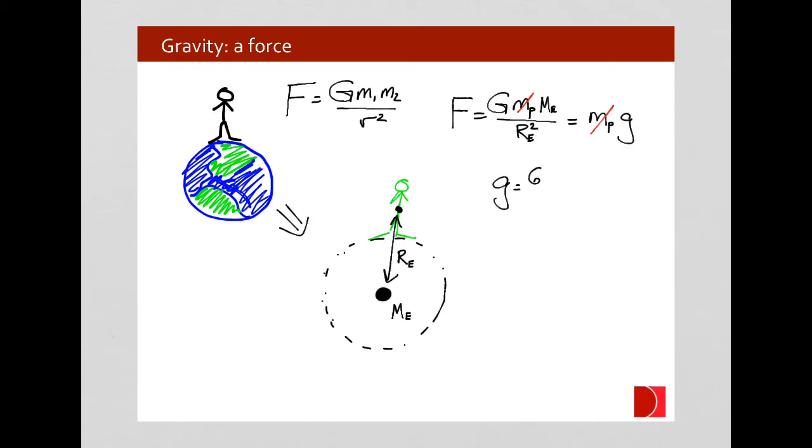The universal gravitational constant is 6.67 times 10 to the negative 11. The mass of the Earth is 5.97 times 10 to the 24 kilograms. And the radius of the Earth is 6,371 kilometers. And so we'll write that as times 10 to the 3 meters.